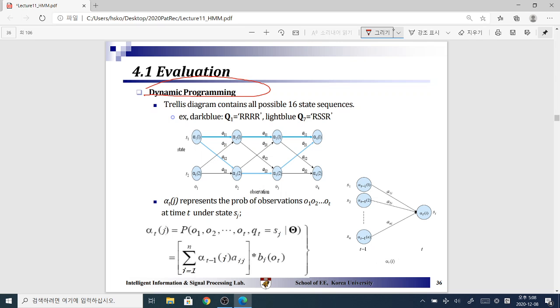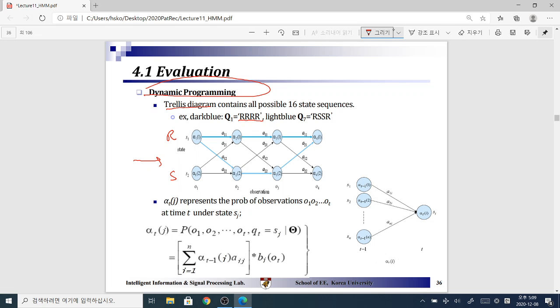So what's dynamic programming? Let's make an observation here. This is the trellis diagram of the process that we just described, having 4 observation sequences of the 2 states, rain versus sunny.